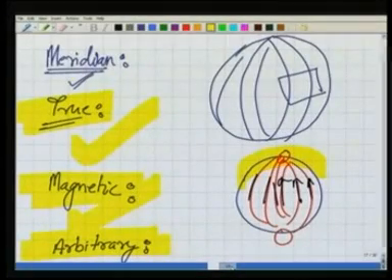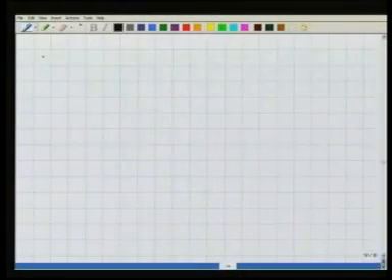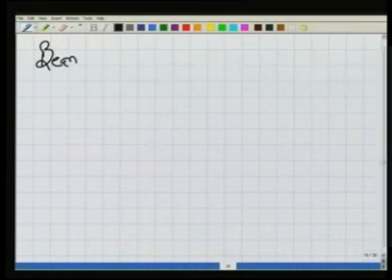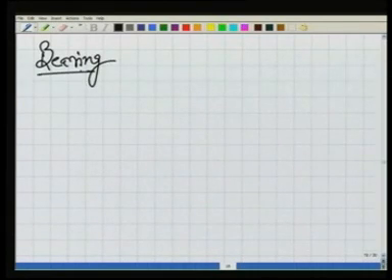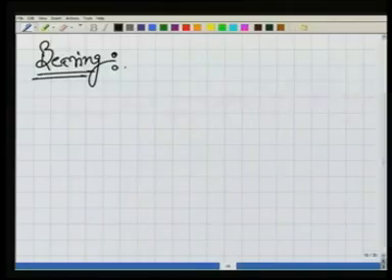Having seen these meridians, another term which we will see is bearing. So mostly we use the magnetic meridian in the field. All our surveying instruments mostly will establish the magnetic meridian.